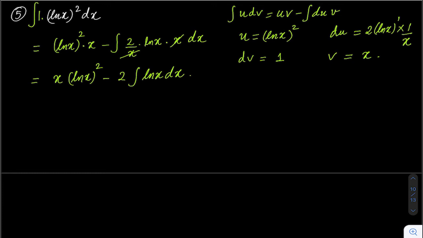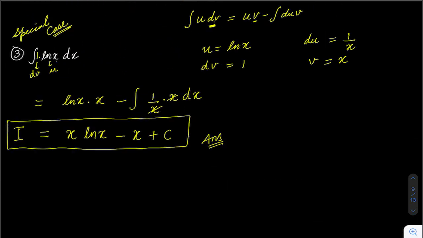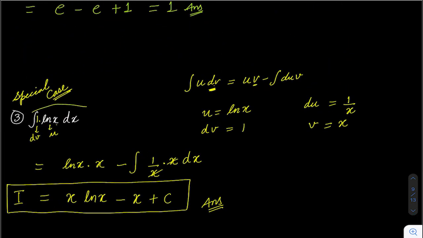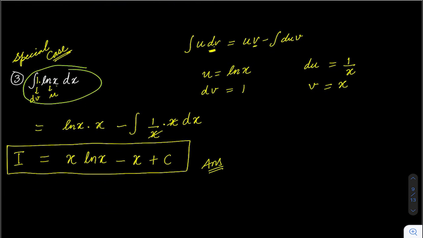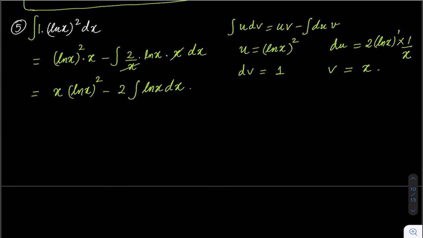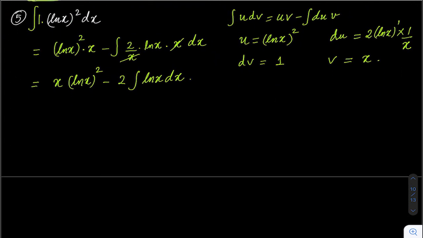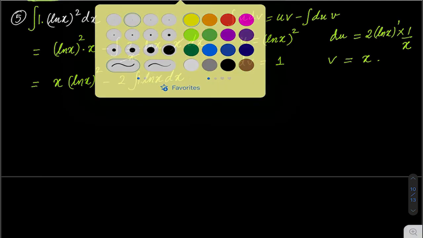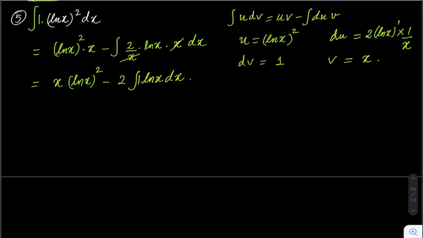And I think we already did ln x dx in the previous video. This is my integration of ln x dx, using ln x as u and 1 as dv. Okay, let's do this again, because there might be some students who are watching this for the first time. So I will assume ln x as 1 into ln x, and I will again apply by parts.